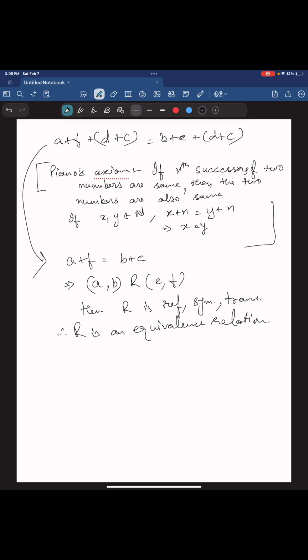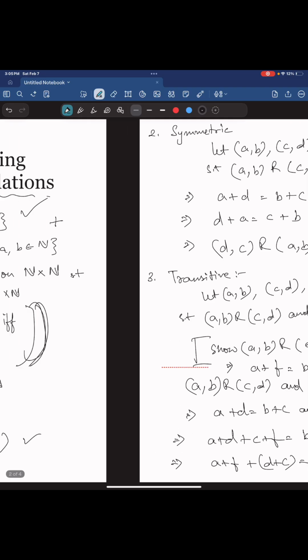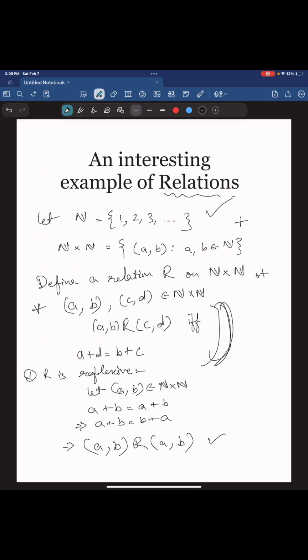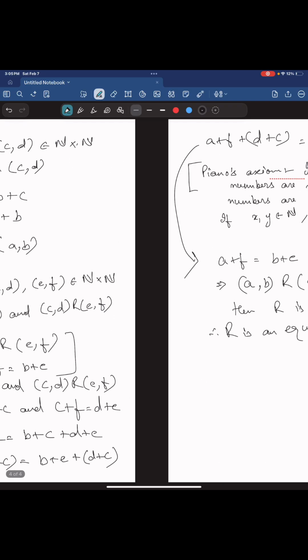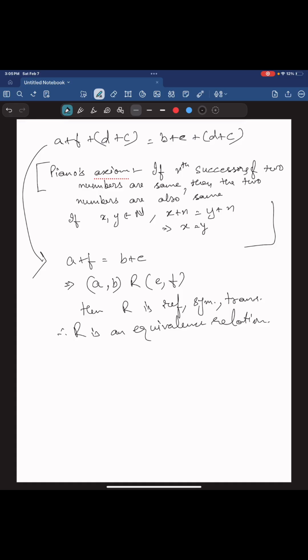Now when we have a relation defined on a set and the relation is an equivalence relation, we can define equivalence classes.